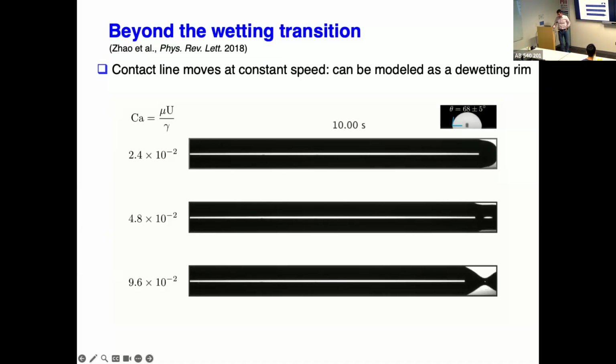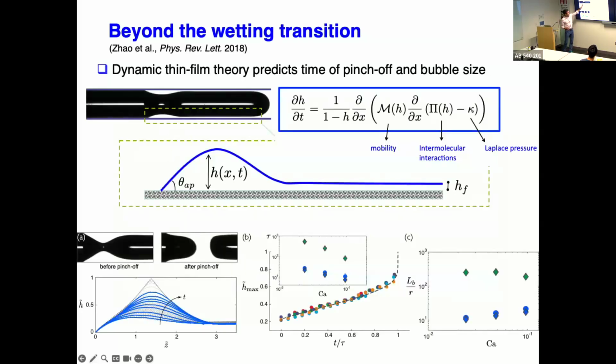So this is something that we can take advantage of, because essentially it is telling us that after a little while, we can decouple what happens at the contact line from the motion of the meniscus. So we can build a model for the thin film itself, independently of what happens to the meniscus. This type of model, I'm not going to get into, but it's the same kind that we built for the puddle that was spreading on a smooth surface.